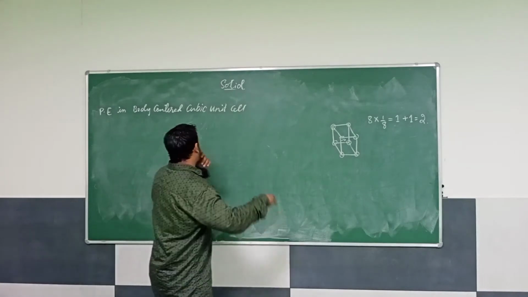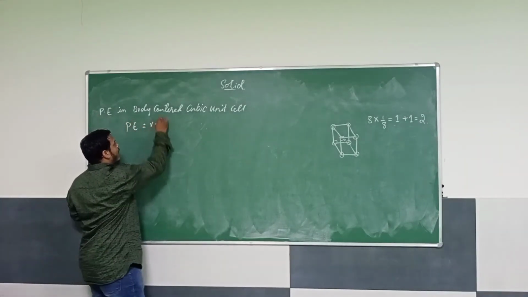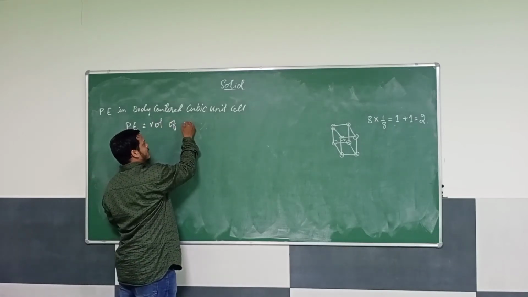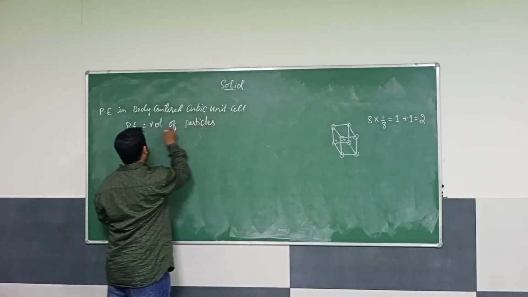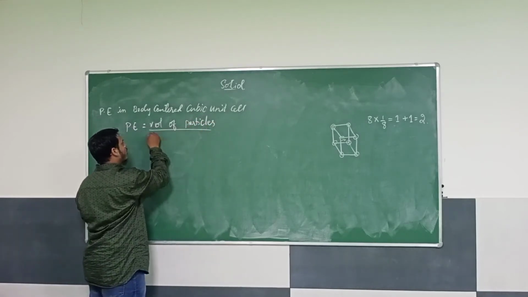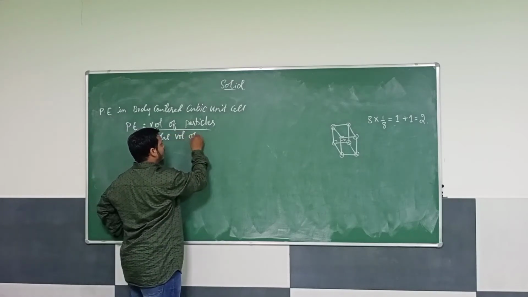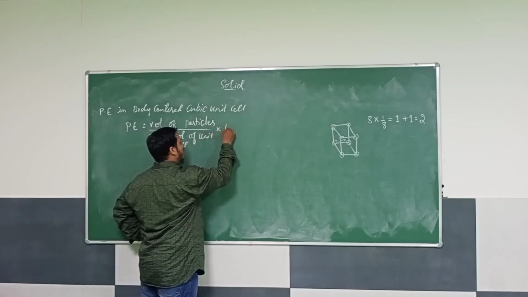For packing efficiency, as I told you, the formula is: packing efficiency is equal to volume of particles divided by total volume of unit cell, into 100.